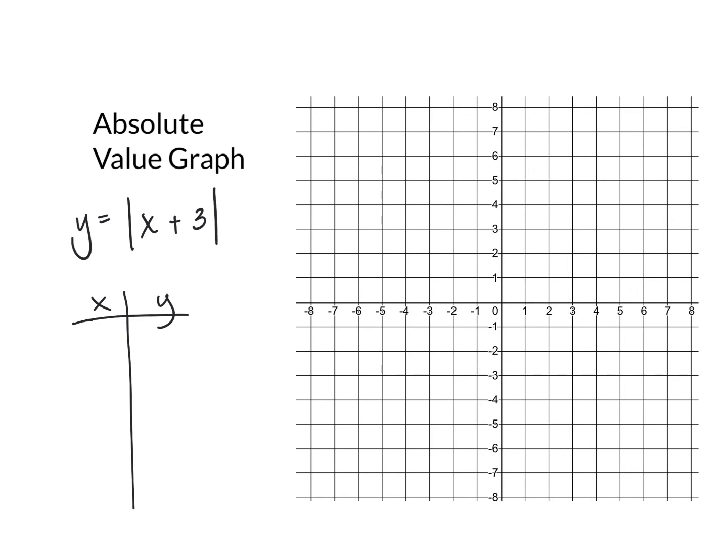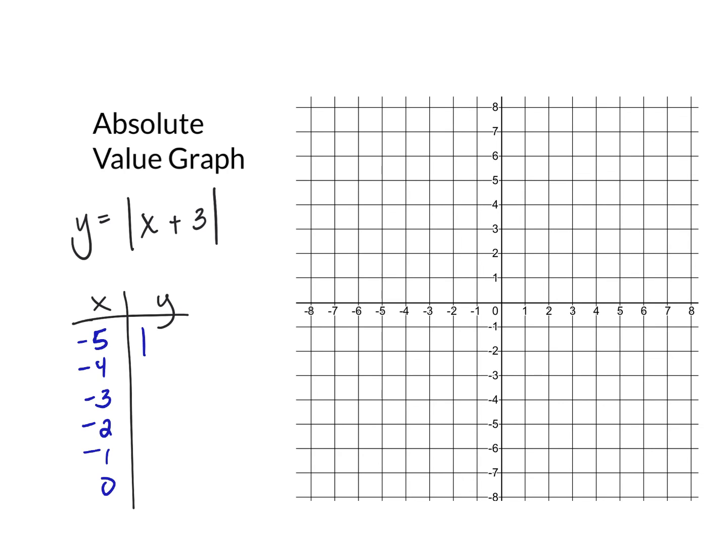So what I'll do is I'll show you some of the math on that. So we'll do the points -5, -4, -3, -2, -1, and 0. So this is going to take a little while, so you just have to be patient.